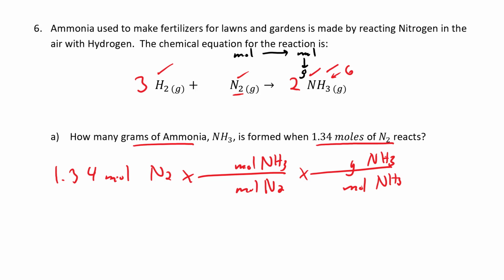For our mole bridge conversion, we use the coefficients that come in front. Here we have a 2, and you don't see it, but there's a 1 there. So every time 1 mole of nitrogen reacts, it creates 2 moles of ammonia.